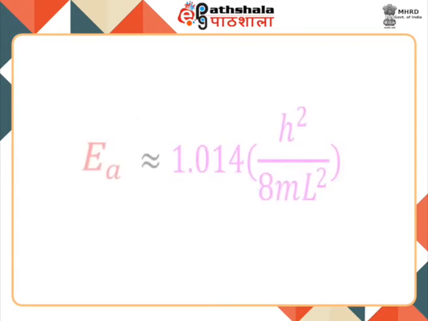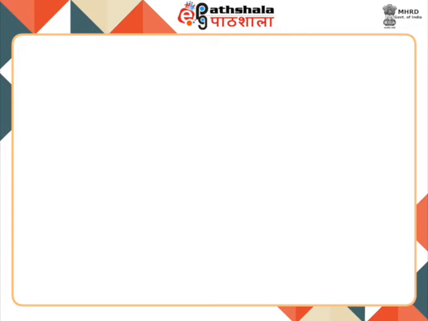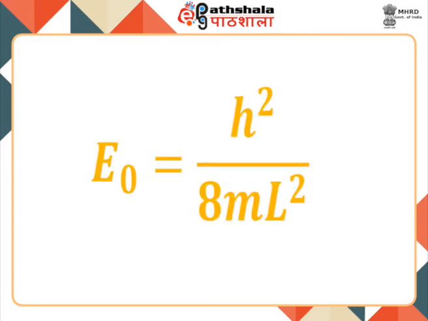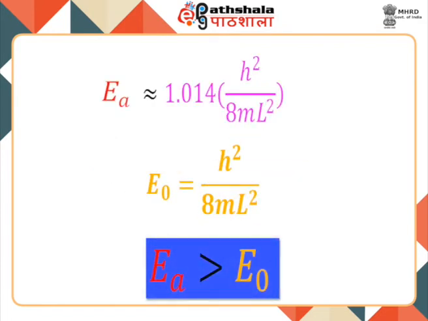Comparing equation 6, that is 1.014 into h square upon 8 m L square, with equation 7, which is h square upon 8 m L square, shows that the approximate energy EA is greater than ground state energy E naught as shown in equation 8. This proves that the variation method calculates an upper bound to ground state energy by using appropriate trial function.